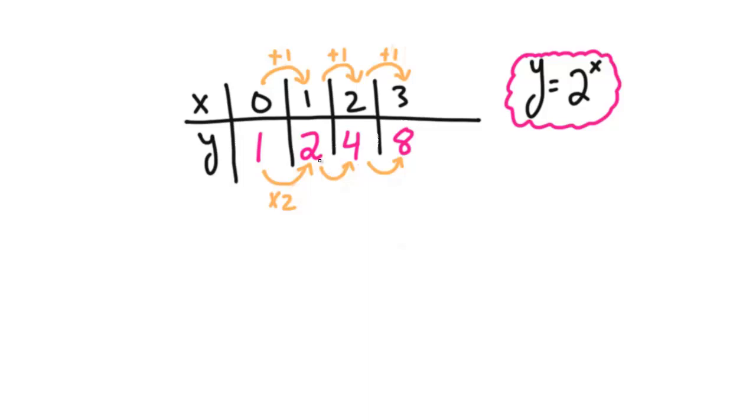And this is consistent with the next set of values. To go from 2 to 4, you also have to multiply it by 2. And to go from 4 to 8, you do the same thing. You have to multiply it by 2. So if it's consistent and you have to multiply by the same number each time, then this represents an exponential function.